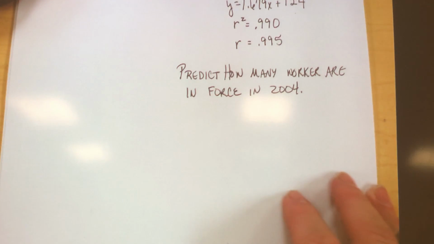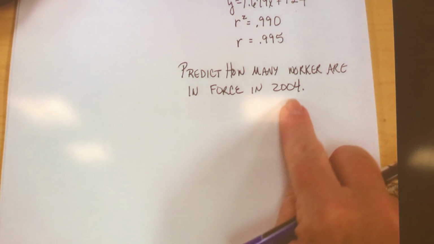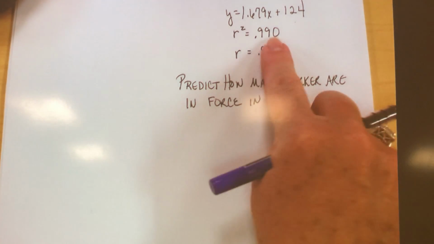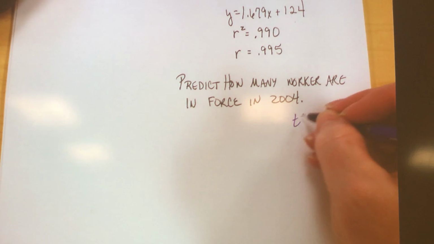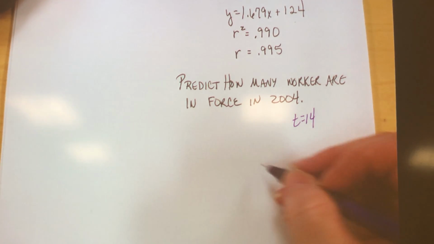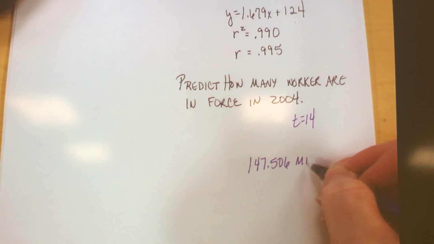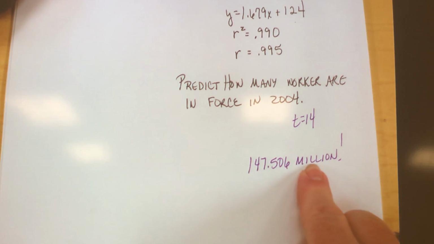Okay? Predict how many workers are in the workforce in 2004. Well, first of all, can I put 2004 in here for X? No, you have to put 14. All right, so T equals 14. 147.506 million. 500,000. Gotta have the million on there, okay?